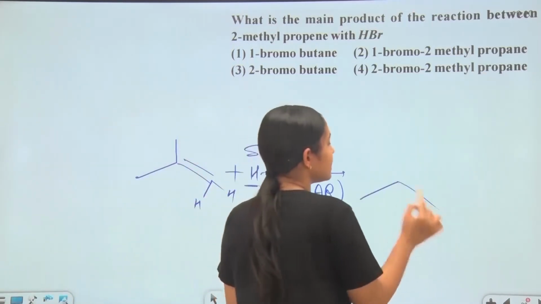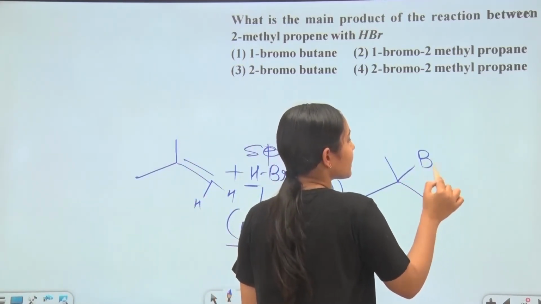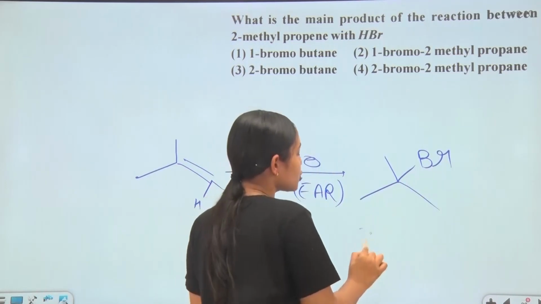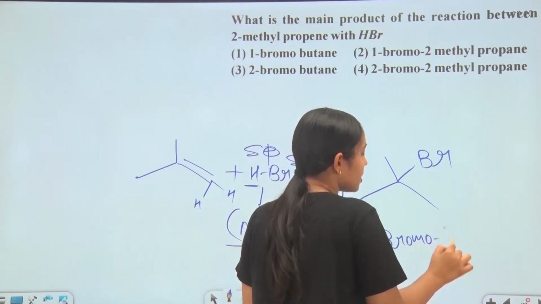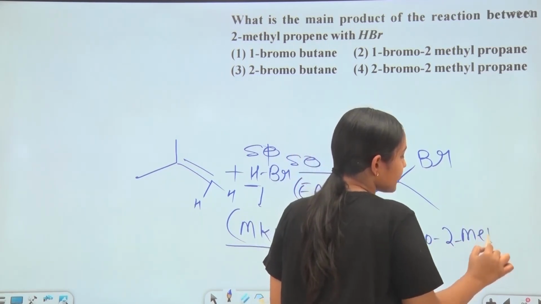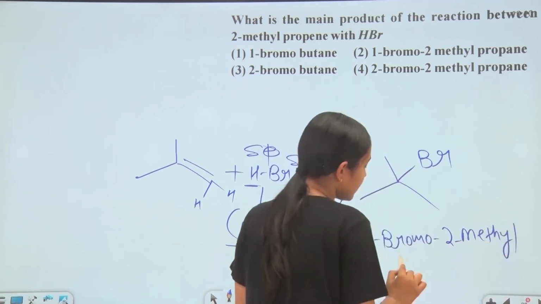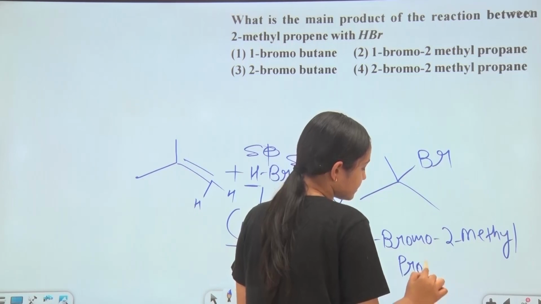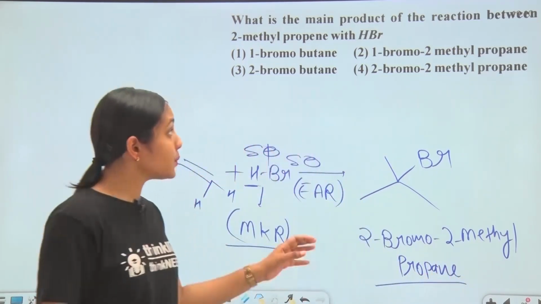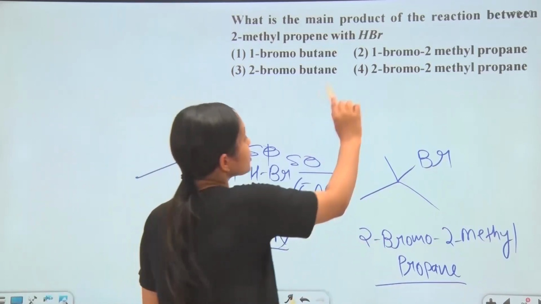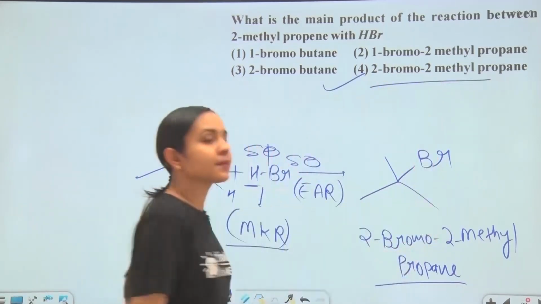So we will get here 2-bromo-2-methylpropane. This is the major product of this reaction, and option 4 is the correct answer.